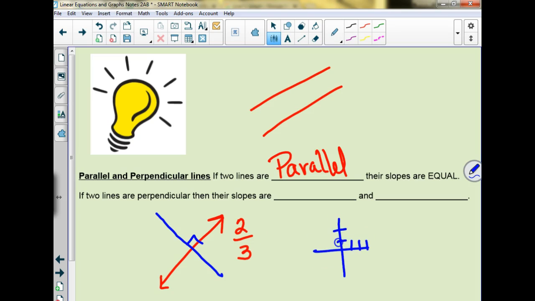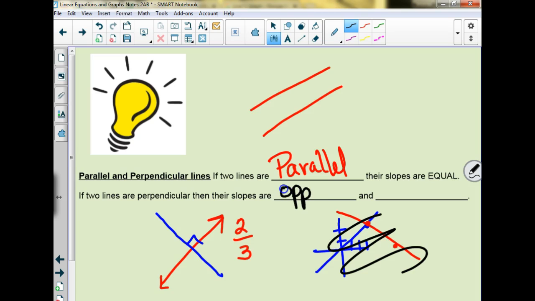Up 2 over 3 would be this line. If I did same thing, down 2 and over 3, is that looking like a perfect right angle in there? No. To make it a right angle, you have to do what to it? Flip it over. So what do you want to call it? Negative reciprocals, opposites and reciprocals?